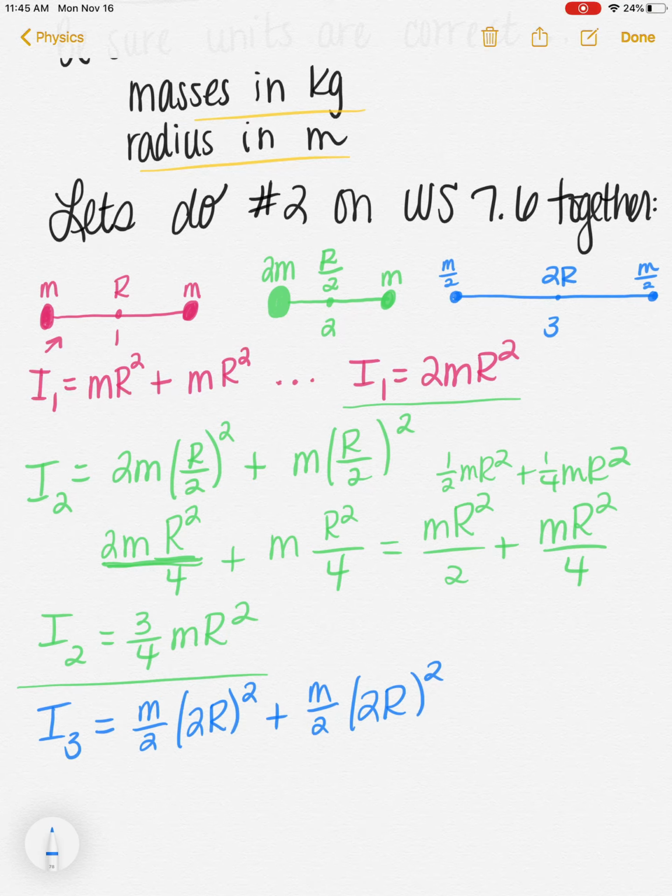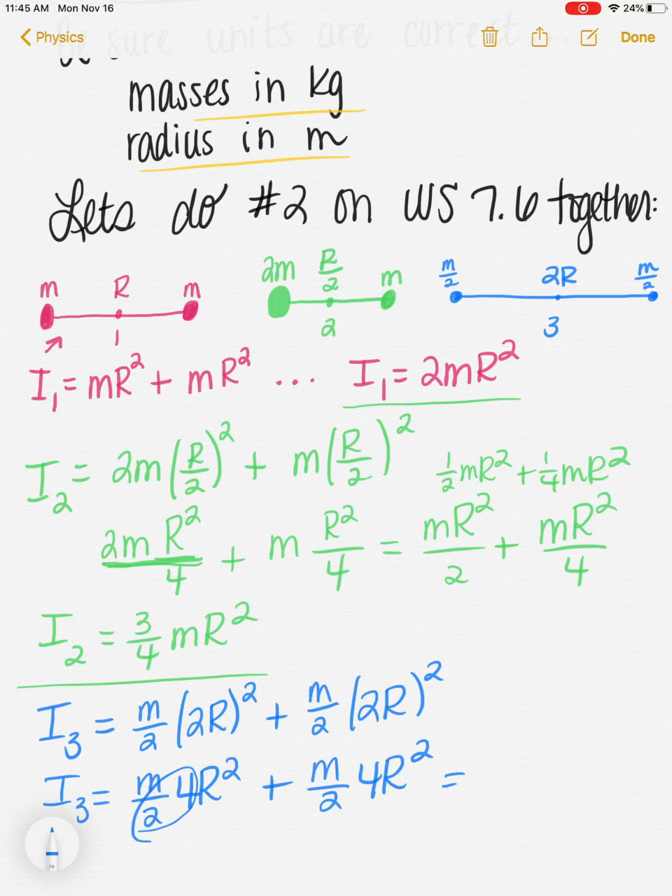So if we square that 2r, this is going to work out to m over 2 times 4r squared plus m over 2 times 4r squared.